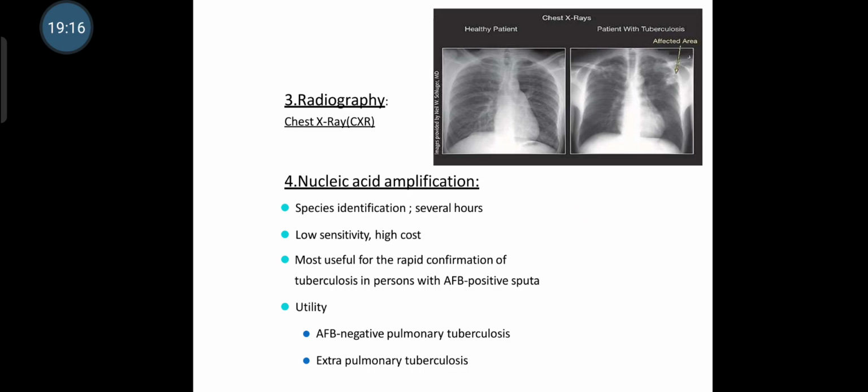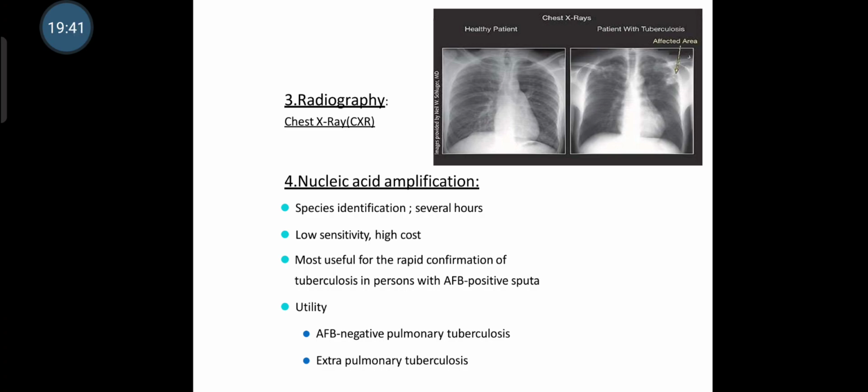Then there is nucleic acid amplification. That helps us in identification of the species. That is, a nucleic acid of the causative microorganism is amplified. It takes several hours, but it has low sensitivity, it costs more, and it is most useful for rapid confirmation of tuberculosis in persons.